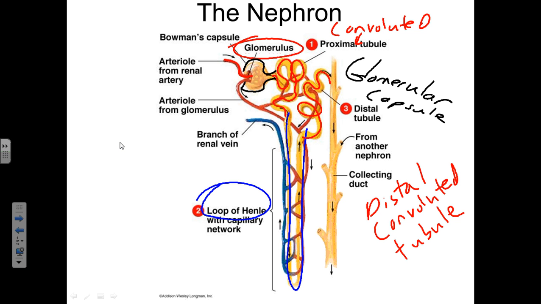So to get rid of some of those hydrogens, what your body can do is, notice there's blood vessels that go around this distal tubule. They can actually pump out hydrogen ions from the blood straight into this distal tubule. That's tubular secretion. When things like hydrogen ions or maybe some kind of toxins are actively transported from the bloodstream straight into the distal tubule. By the time we get to the end of this distal tubule, what do we call the liquid in the tube?